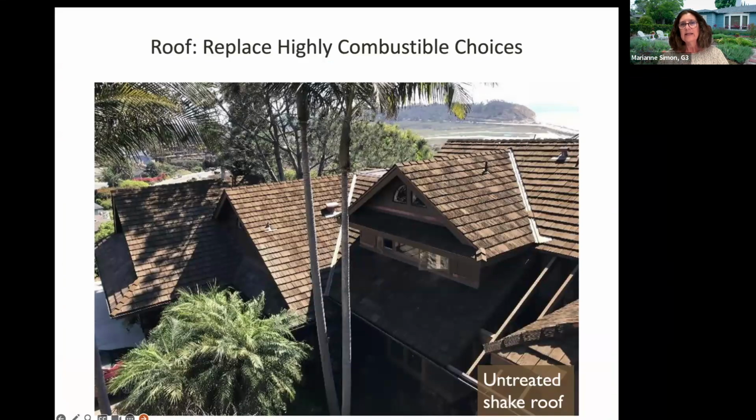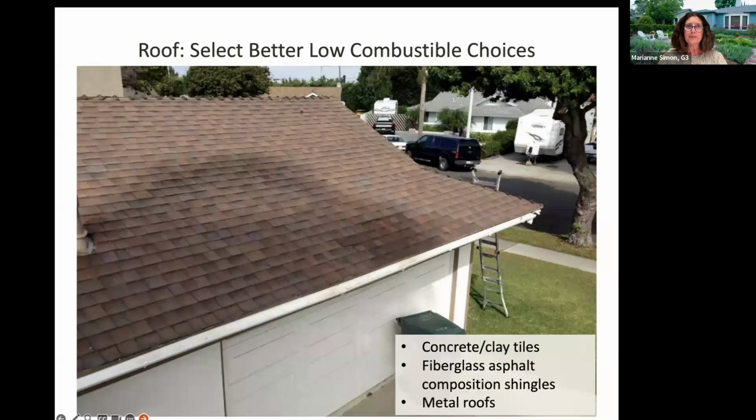Now, looking at the different parts of a home and where you are vulnerable, the obvious one is it starts with the roof. So even though these shake roofs are beautiful and they blend into their environment, they are also very, very vulnerable to fires. So this is a shake roof, and the technology keeps improving, so there are roofs that are much better choices.